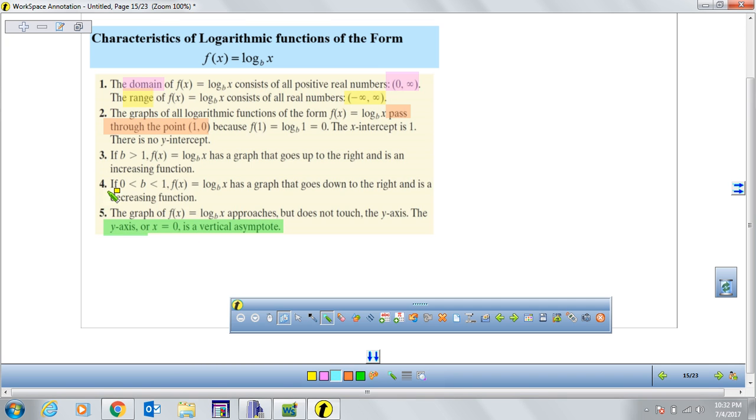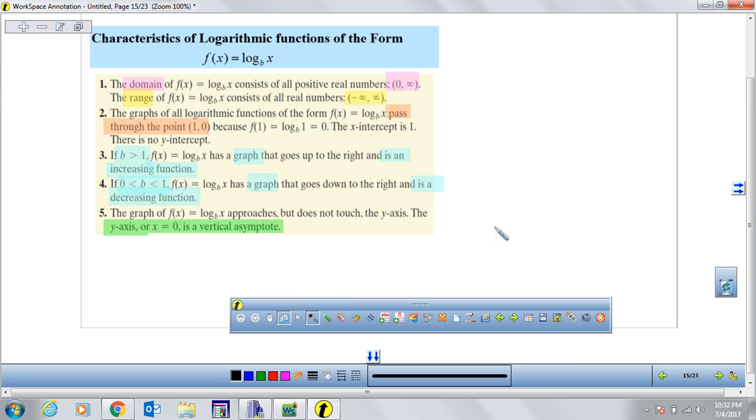And last but not least, about the bases: if the base is greater than 1, the graph is an increasing function. If the base is between 0 and 1, then the graph is a decreasing function. That is still the same.